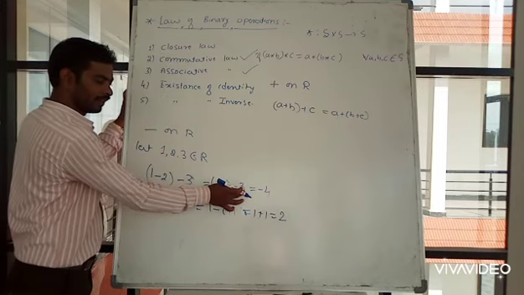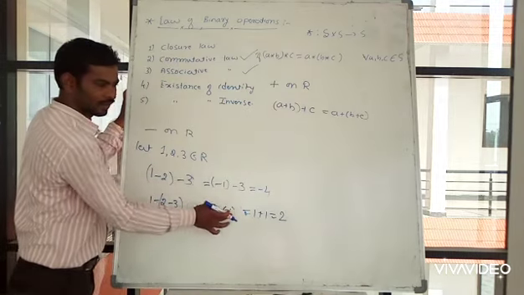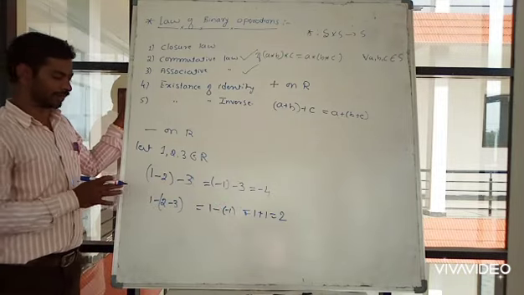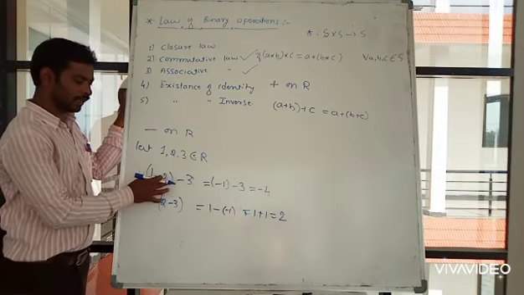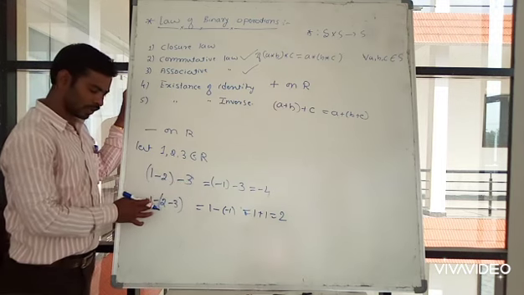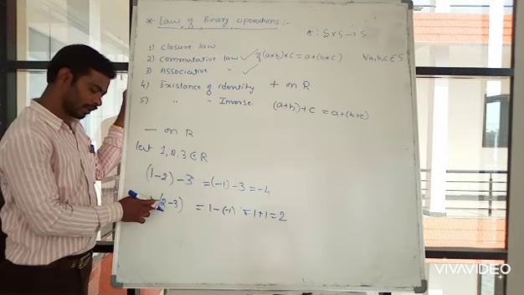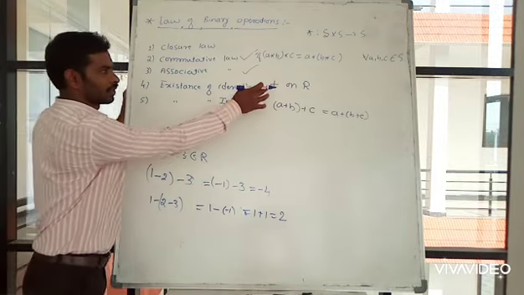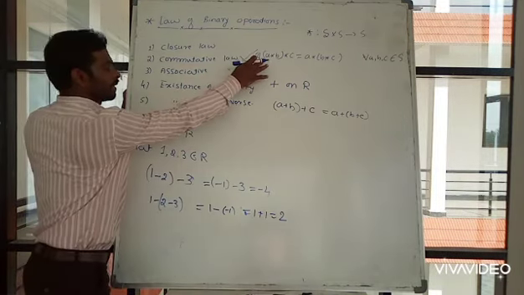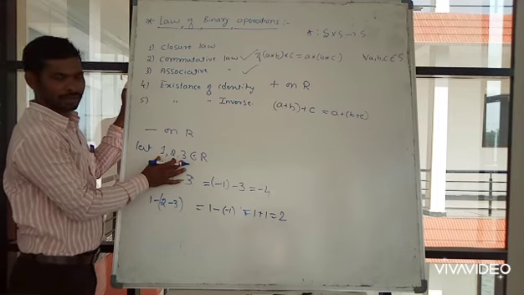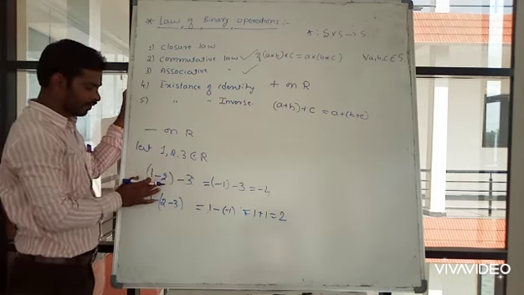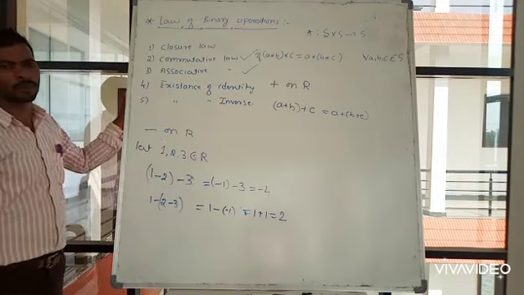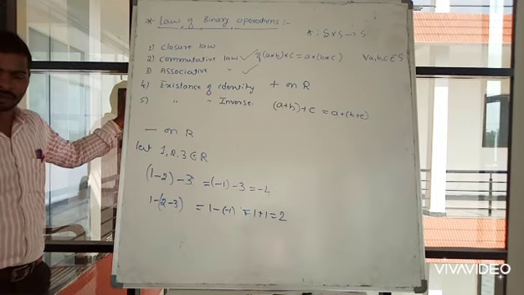Therefore, this result is not equal to the other result for these three elements: (A star B) star C is not equal to A star (B star C). This condition is not satisfied by these three elements. So this minus operation on the set of all real numbers is not associative.